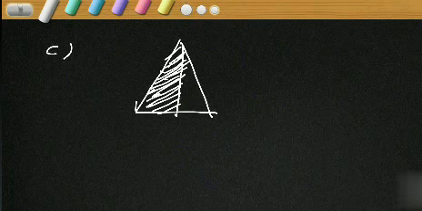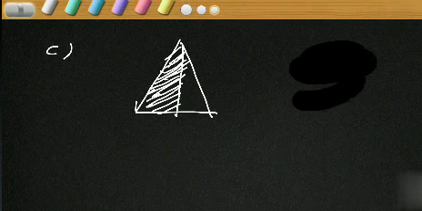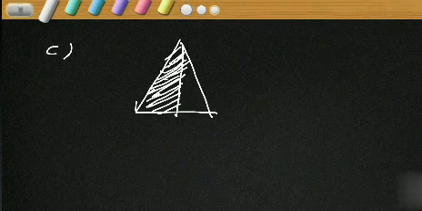So can you say what is the fraction corresponding to this? As a whole, how many parts are there? Two parts are there as a whole. Among that, how many are shaded? One is shaded. So what is the fraction? 1 by 2. The whole total has to be written down and the shaded one has to be written up.